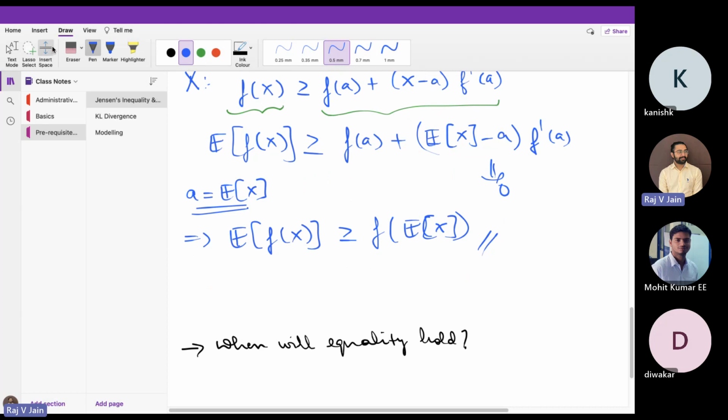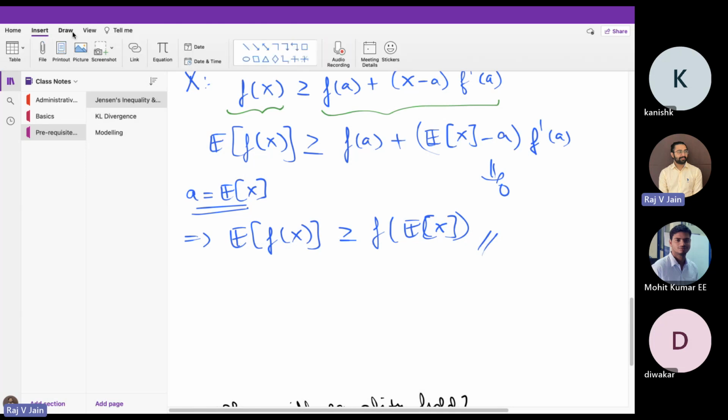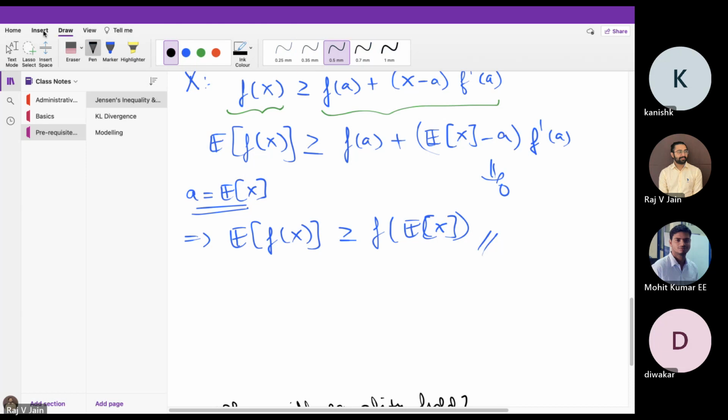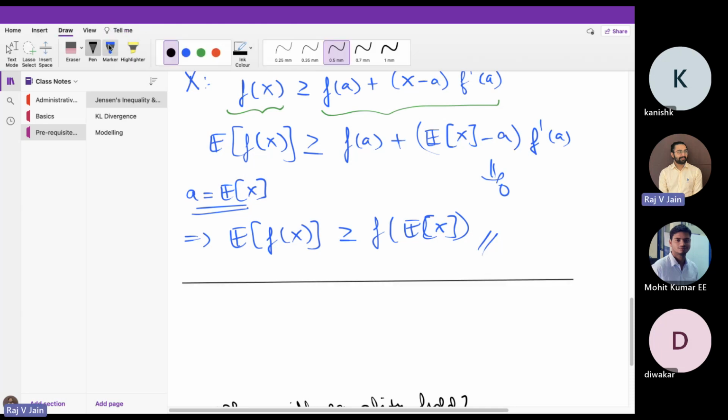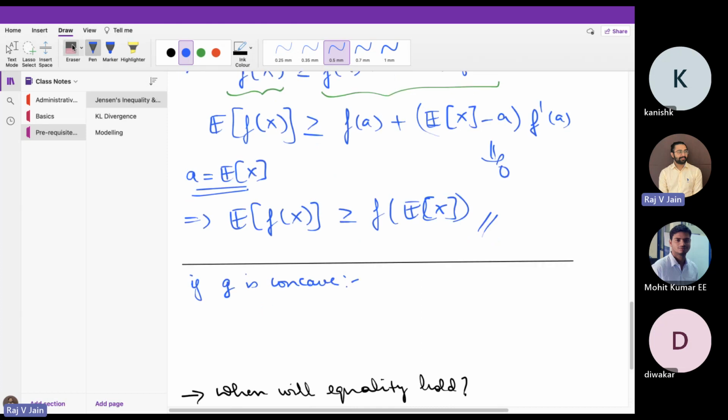Now let's say I want to think about applying this to a concave function, how would I go about applying it? Any thoughts? Let's say G is concave. If G is concave, what happens to minus G as a function?